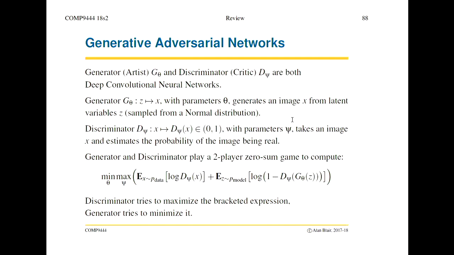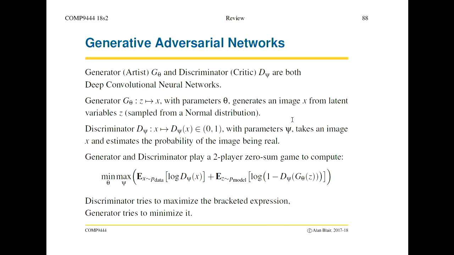And then finally, we looked at the generative adversarial networks. So here, this is where we have a generator and a discriminator. The discriminator is a convolutional neural network. The generator is a deconvolutional neural network.